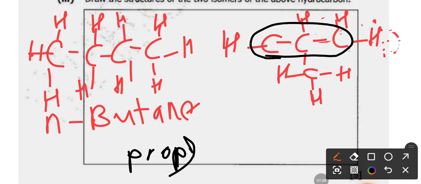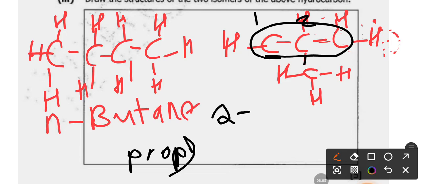Then number 2, we should identify the branches, or rather the substituents. As we can observe here, the branch of this long chain is on carbon number 2. Let's count 1, 2. The branch is on carbon number 2, so it will be 2.